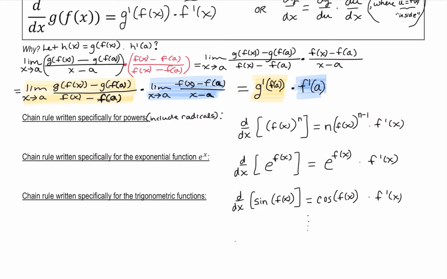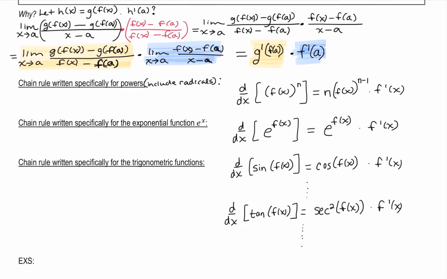Let's say we get down to the derivative with respect to x of, I'll write out a few of them, tangent of f of x. The derivative of tangent would be secant squared of, again, the inside function left alone, f of x, times f prime of x. Same idea for all of these.